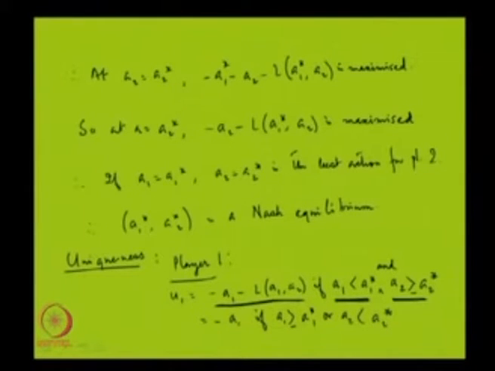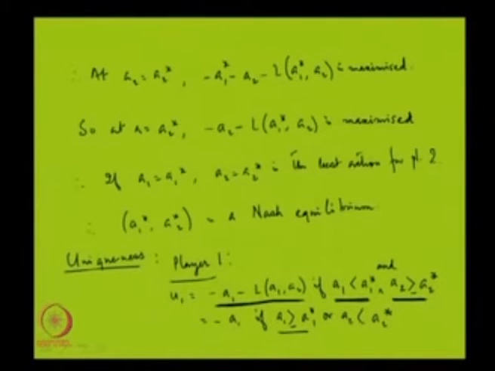Now, in that case, is it possible that he takes an action greater than A1 star? The answer is no. Because if he takes action more than A1 star, the optimal thing for him to do will be to set A1 is equal to A1 star.